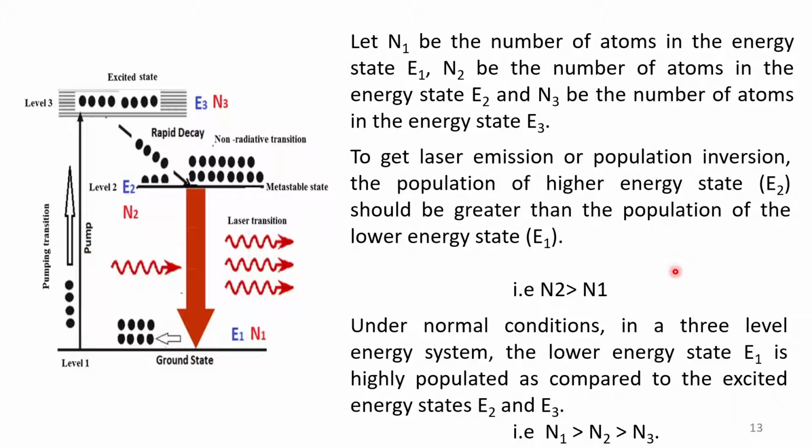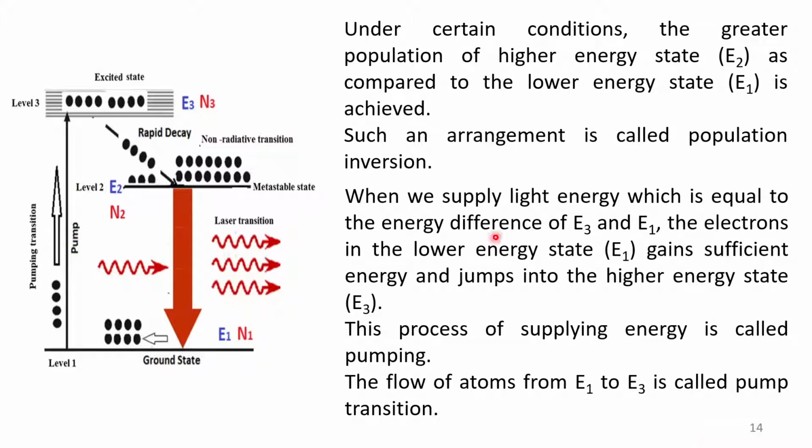Now we know that under normal conditions in a 3-level energy system, the lower energy state E1 is highly populated as compared to the excited energy states E2 and E3. That means under normal conditions, N1 is always greater than N2, which is always greater than N3.